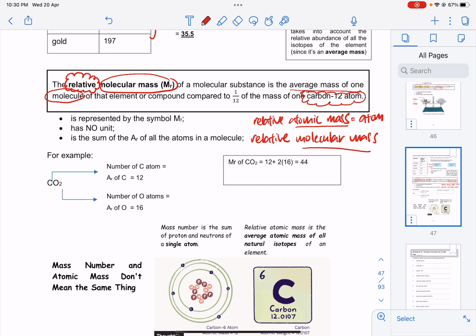Molecular mass is the mass of a molecule. And both of them are compared to a carbon atom. Okay? So how do we calculate molecular mass then?